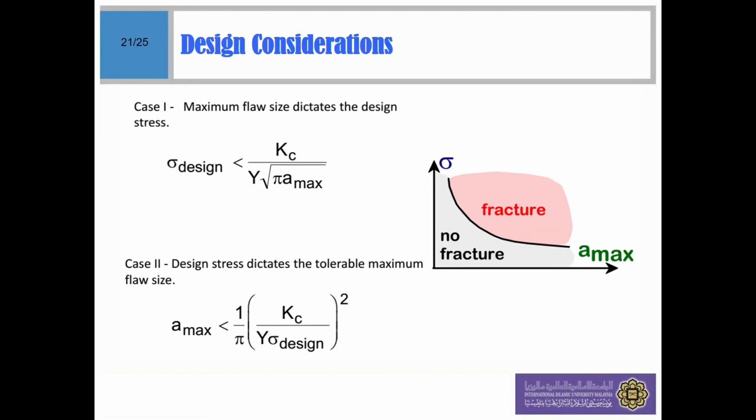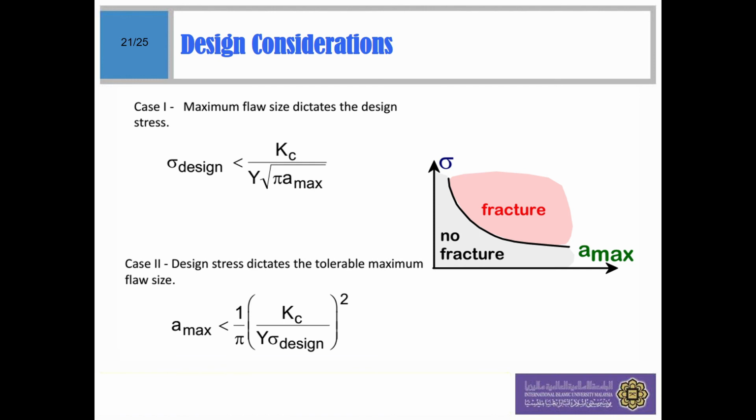Okay, when we want to design a structure, you need to select the design such that the maximum flaw size dictates the design stress, so that we can estimate the maximum stress that will be allowed to be applied on the structure.